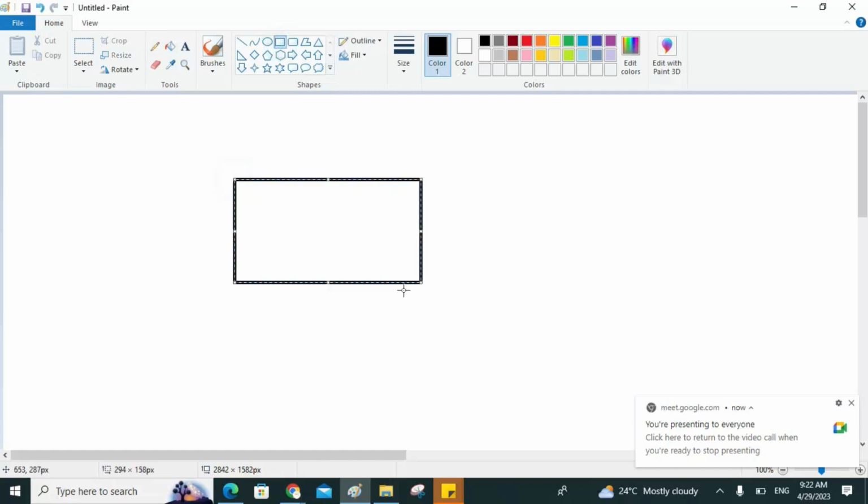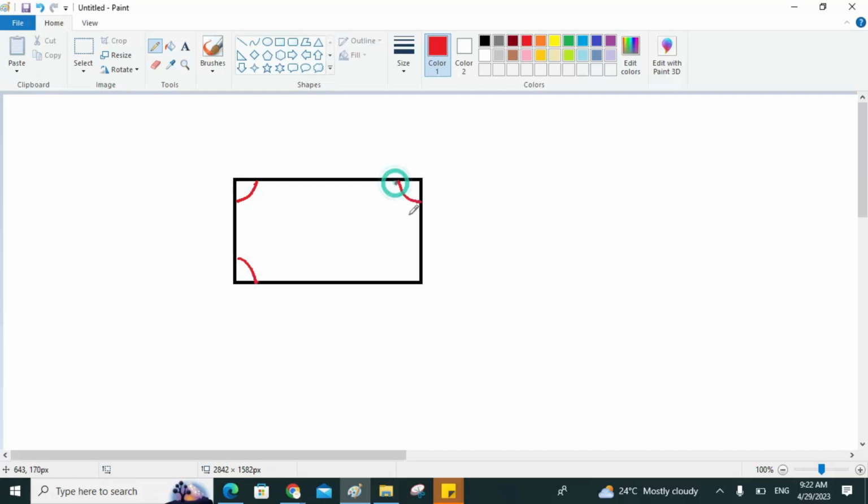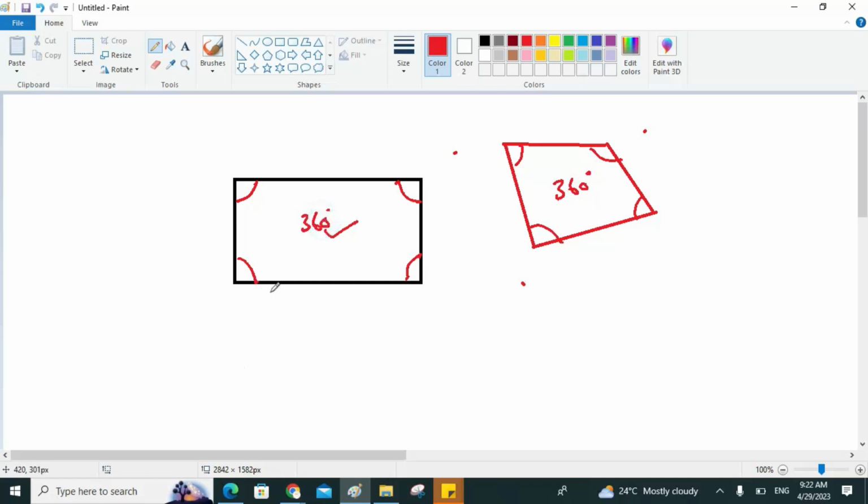The fact which you need to keep in your mind, being a mathematics student, is that all its interior angles, when you sum them together, whether it's a regular figure like this rectangle or an irregular figure like this, the sum will be equal to 360 degrees. This is a simple angle property, right?